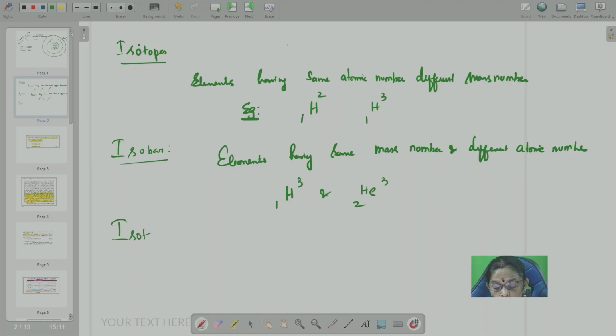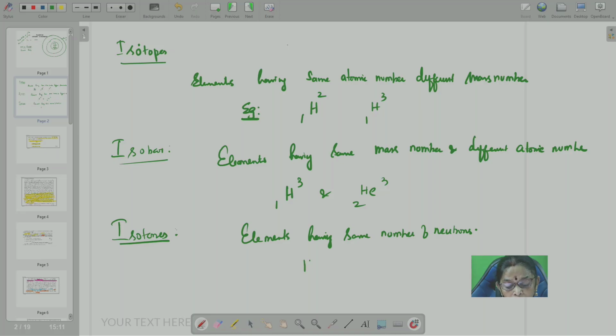Next one is isotones. Even calcium 40 also you can take. So 40 is a mass number, right? So anything which is having same mass number you can always take. So isotones, example. Isotones are nothing but elements having same number of neutrons.